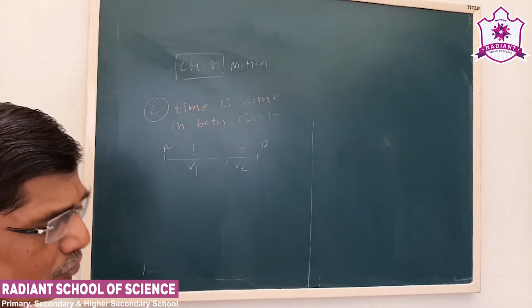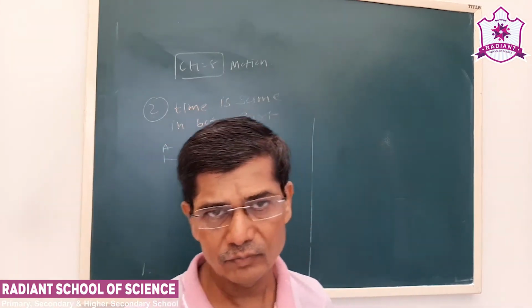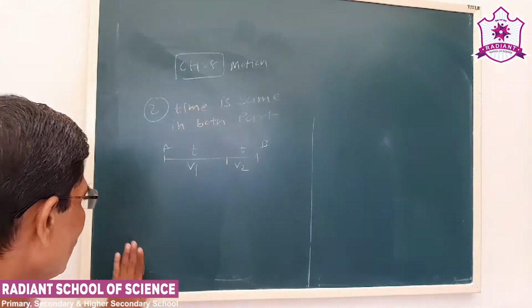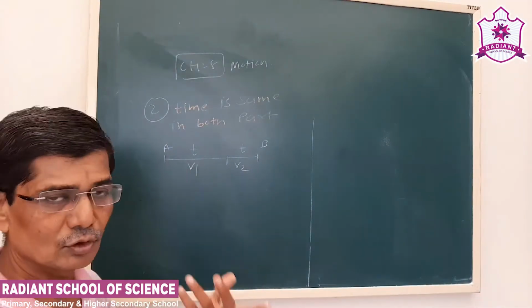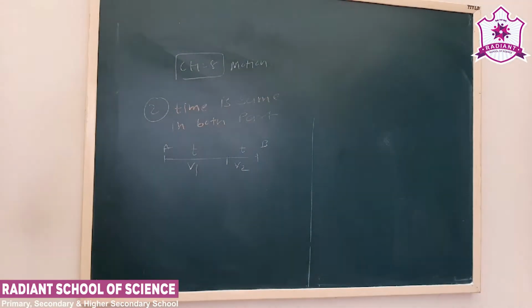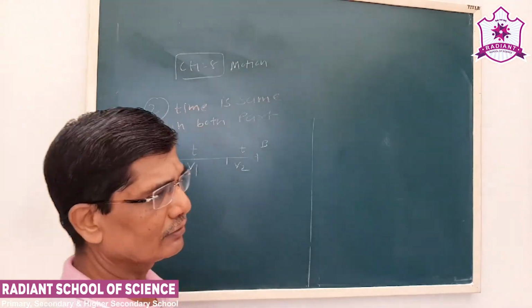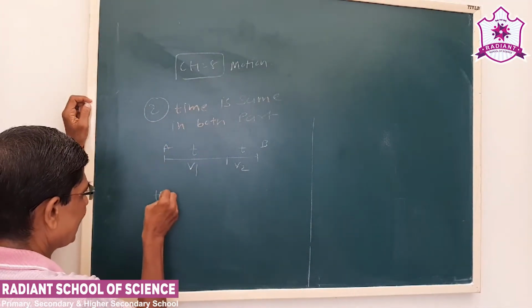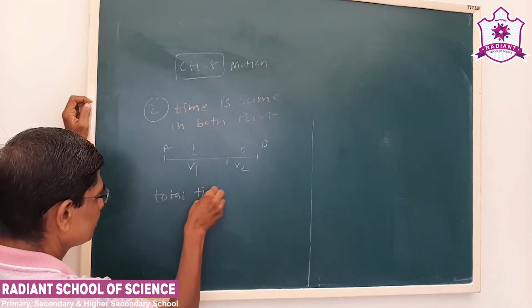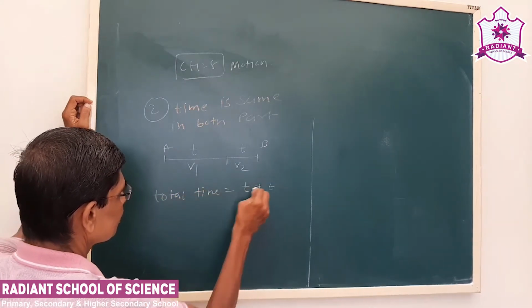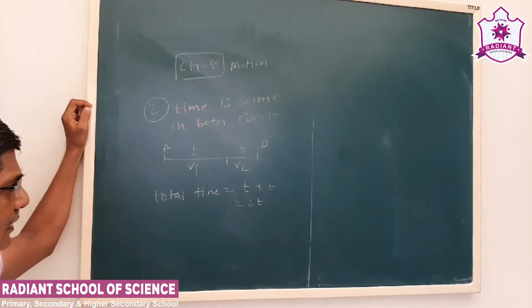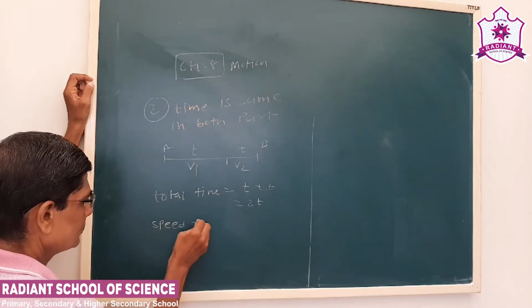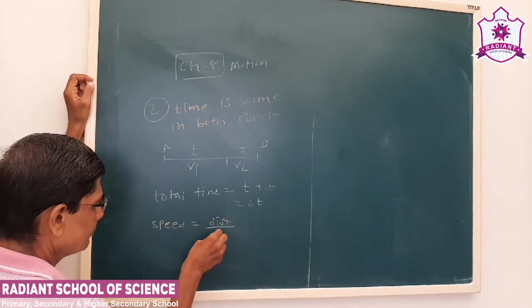Now what is the formula of the average speed we have talked about? It is total distance upon total time. But from the data, nowhere is distance given. So what we have to do? First obtain the distance. Total time we already have, but distance is not there. We use the formula speed is equal to distance upon time.